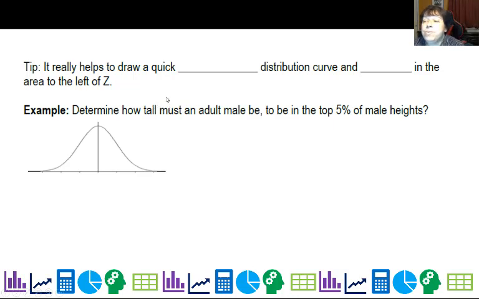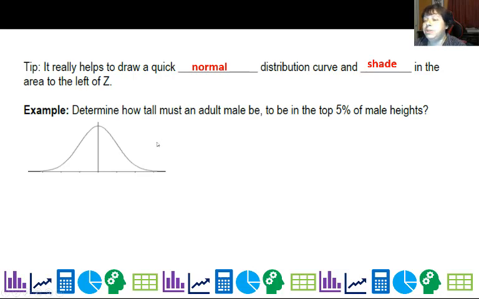Here's a big tip. It really helps to draw a quick normal distribution curve and shade in the area to the left of z, or at least definitely mark it out. Let's say we wanted to know how tall an adult male must be to be in the top 5% of male heights. We don't have that on our empirical rule, so we'll have to find the z-score.